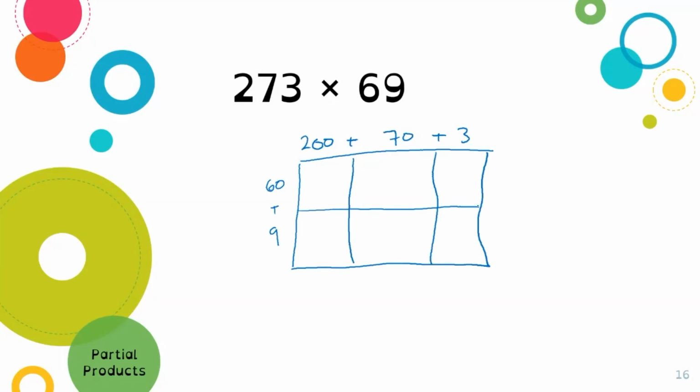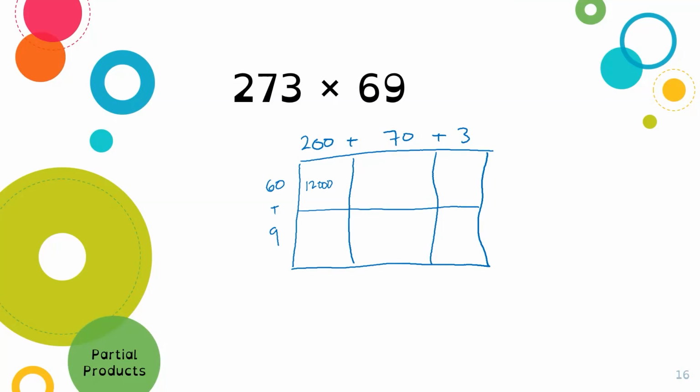So obviously my box is not to scale, and that does not matter. We're just organizing it. So we're going to think of 200 times 60. Well, 2 times 6 is 12. And then because I know that I have those 3 zeros, that's going to make it 12,000 in terms of place value, how I would move it over.